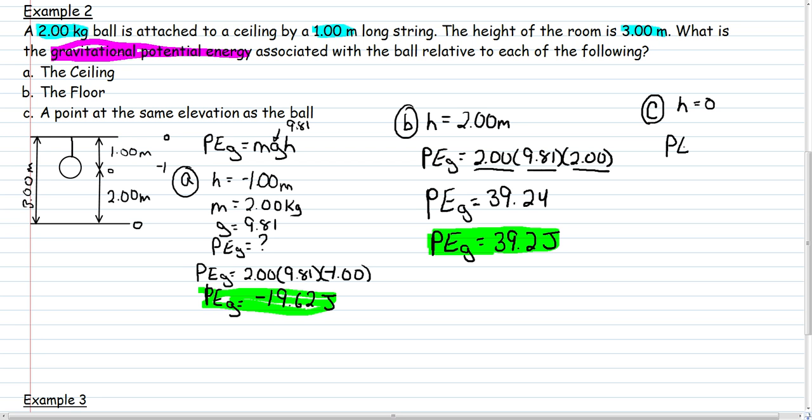And so without doing the math, PEG equals 0 joules. So that's the answer to C, and that's how you use the gravitational potential energy equation.